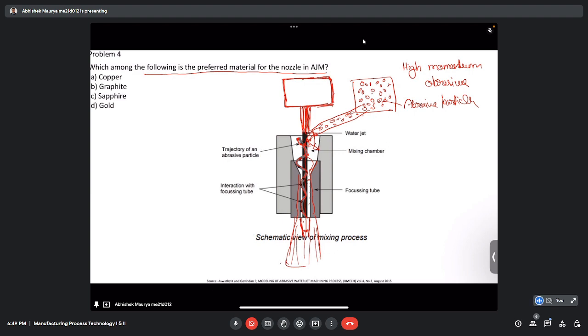So what is the hardest material you can think of? Yes, please write in the chat box. If I am asking you to think of the hardest material available on our earth, what would it be?